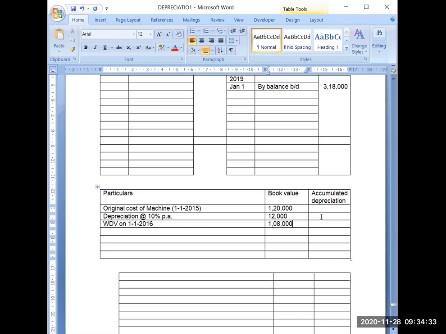So till now the depreciation charge is 12,000. We will write it in a separate column because we need to calculate the total depreciation charge on this machinery.